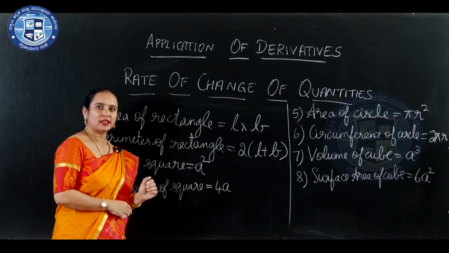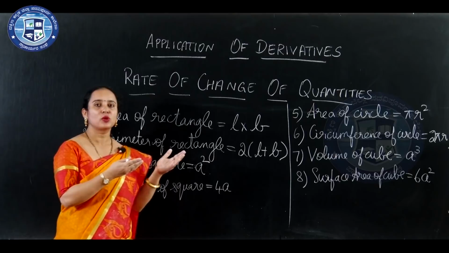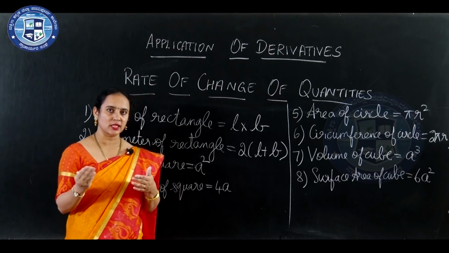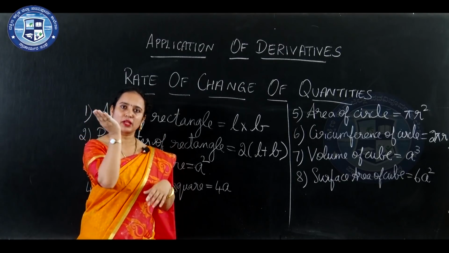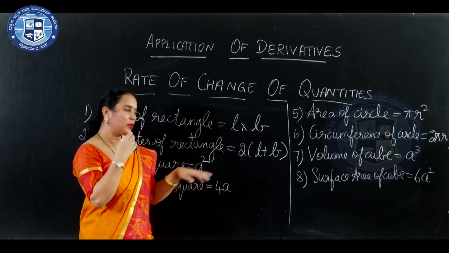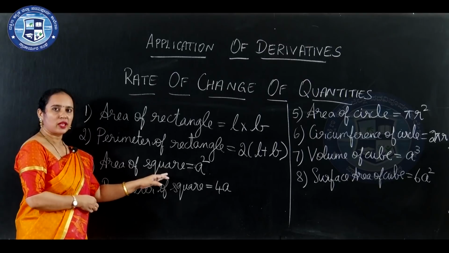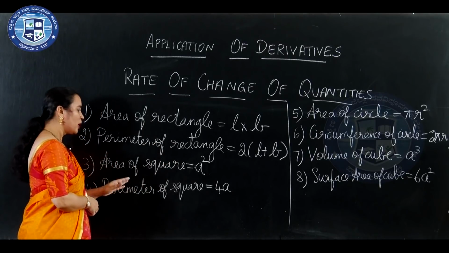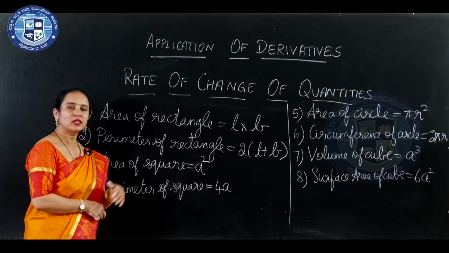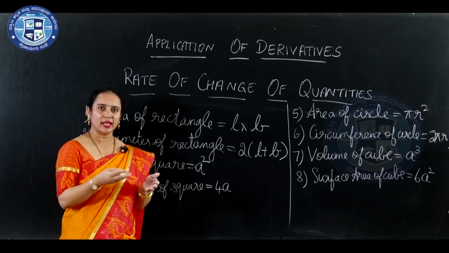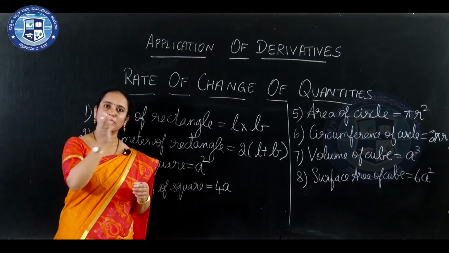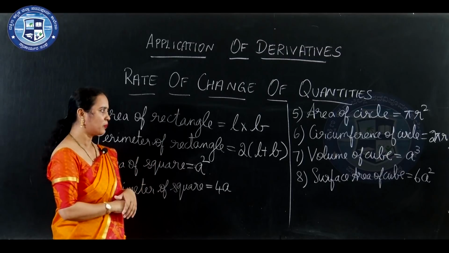Perimeter is nothing but going around all the sides: length plus breadth plus length plus breadth, which is twice of L plus B. Area of a square is A square. Perimeter of a square is 4A. If a side is A, then A plus A plus A plus A is 4A.